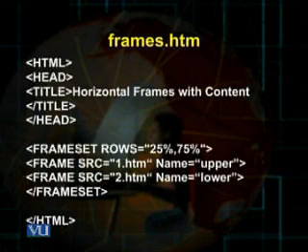So if I want a content file which I had separately created in HTML called 1.htm, then I can fix its value as the value of the source attribute, and then the contents of that file would be displayed in that frame.